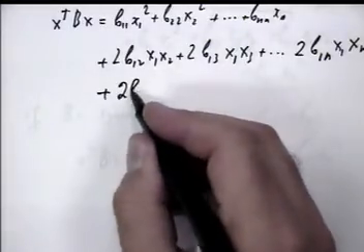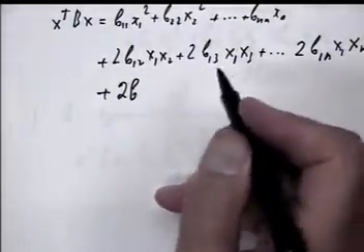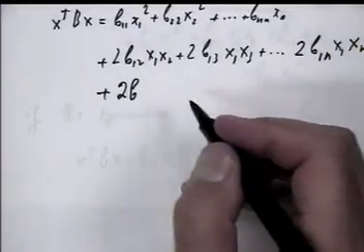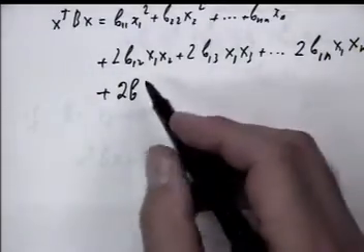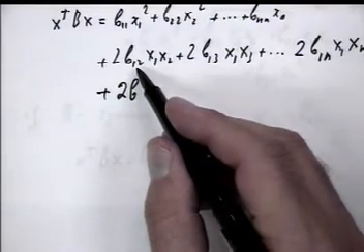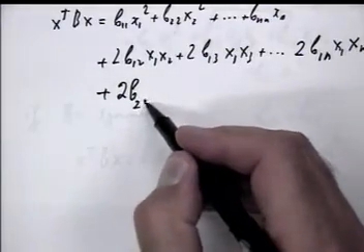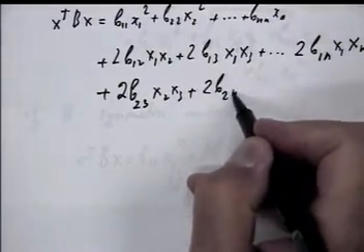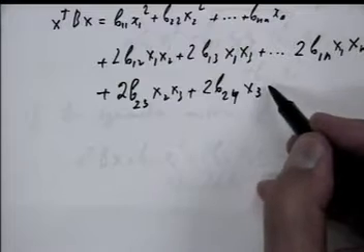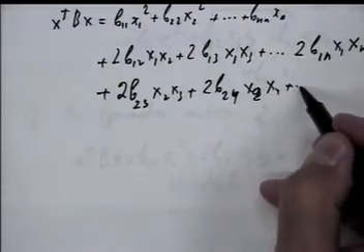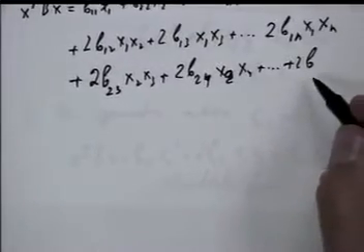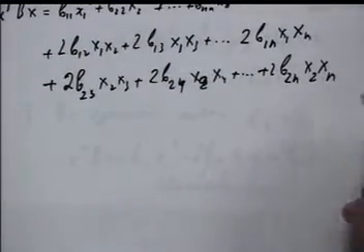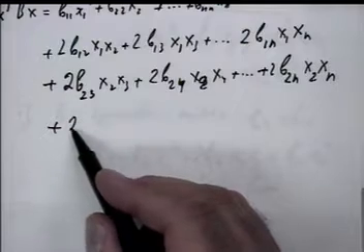Then 2 times b23 x2 x3 plus 2 times b24 x2 x4, etc., 2 times b2n x2 xn.